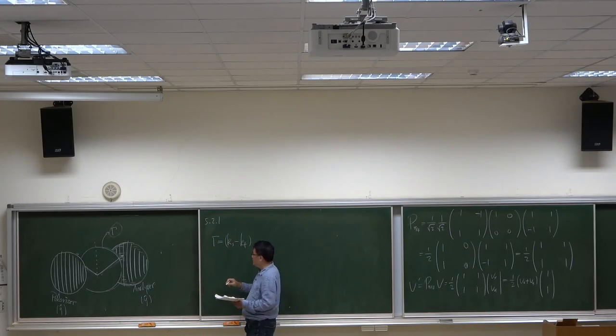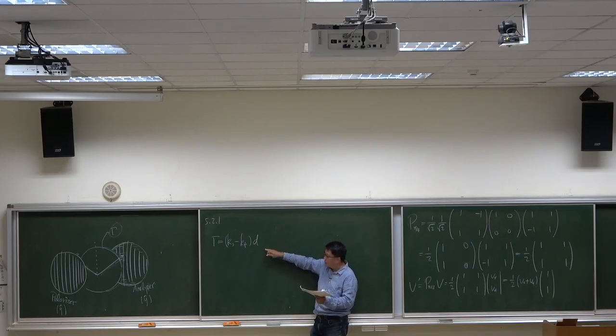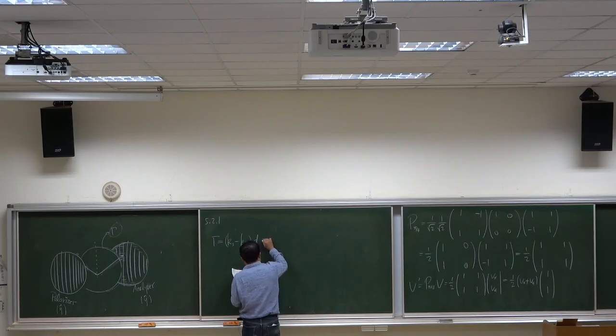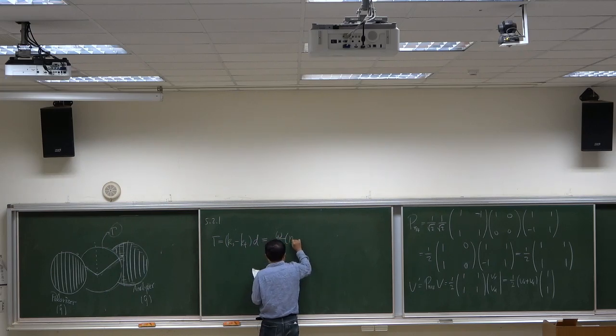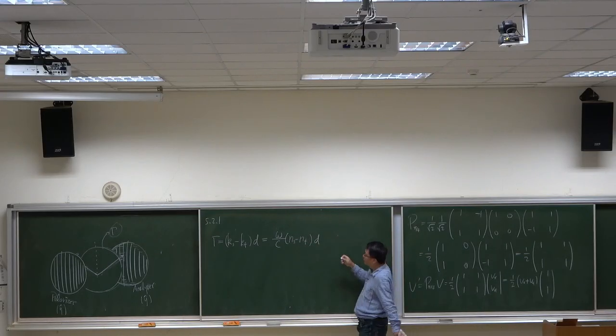Now the thickness is given as d. 当然我们都叫 L 嘛，这边叫做 d，没差，但这边给的例子就是叫做 d. d is the thickness, and this is equal to omega over c times ns minus nf times d, and omega over c is the k naught in the vacuum. K naught is just 2 pi over lambda.